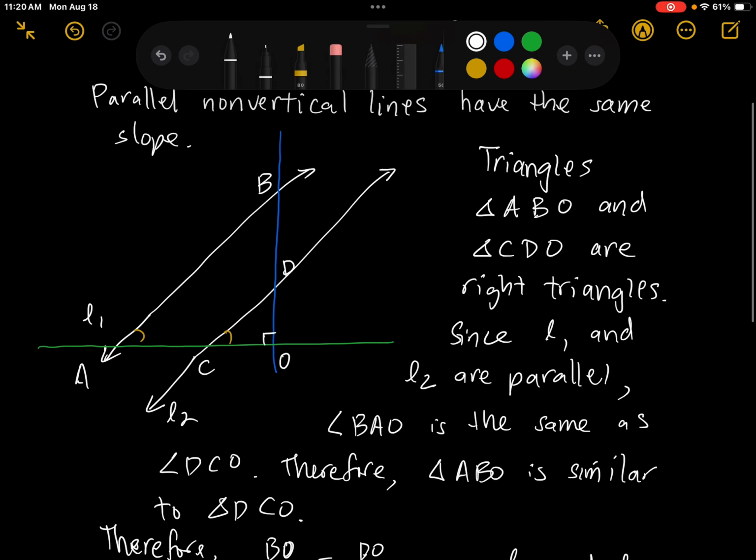So again, the key fact that we're using is similar triangles. When you're trying to say something about parallel lines, it's a good idea to try to incorporate some triangles, because then you're going to get some similar triangles.